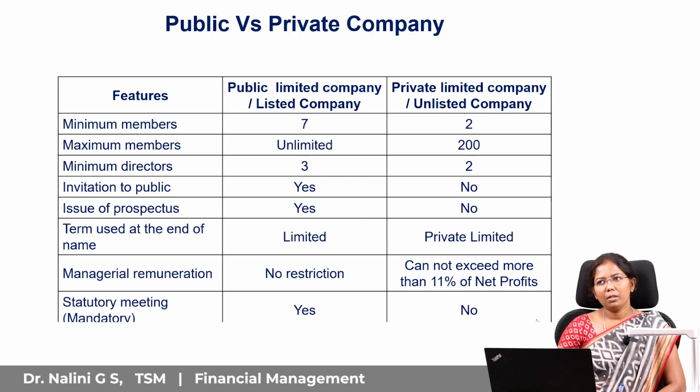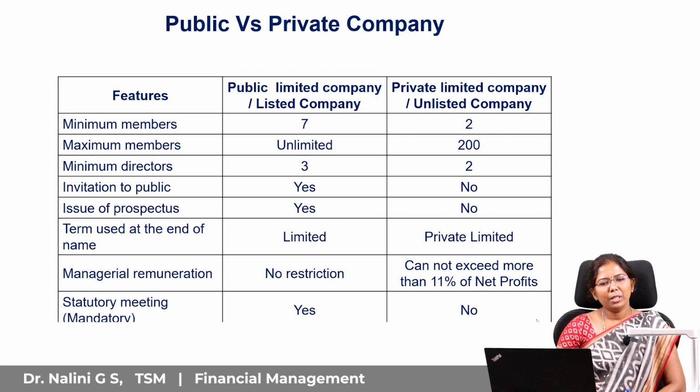If private companies want to list their company on BSE, NSE, then there are certain guidelines given by BSE, NSE, and the securities market controller SEBI. So the company has to adhere to all the guidelines, then they can become a public company from private.